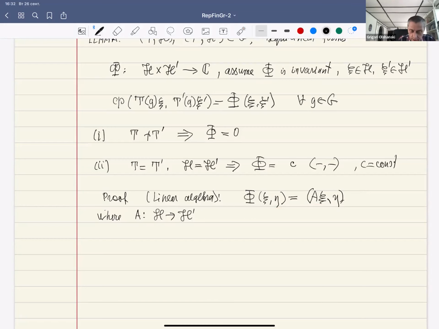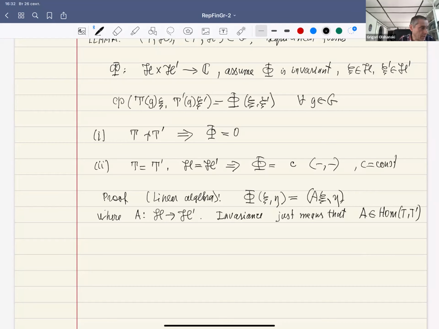And then invariance just means that A is an intertwining operator.